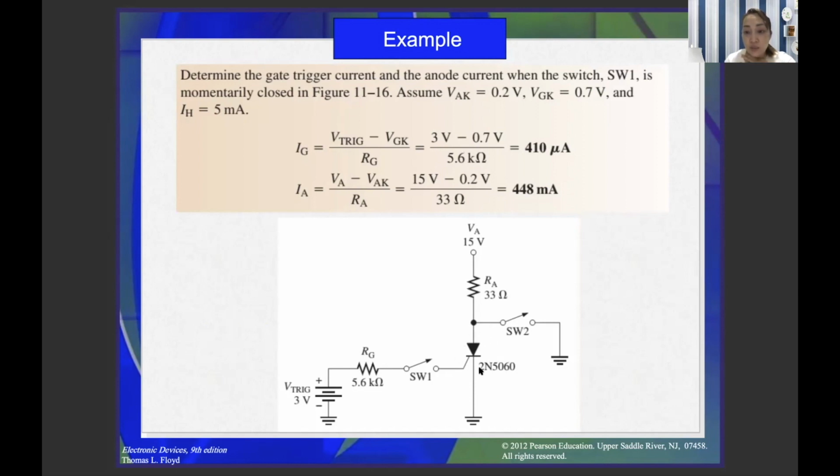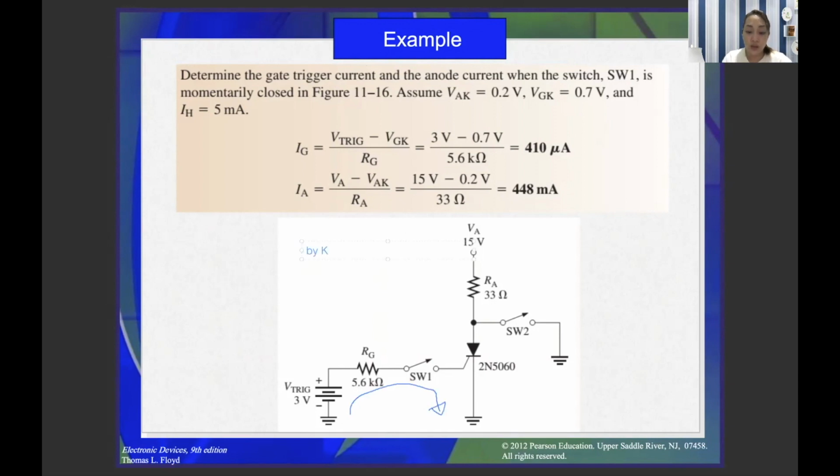VGK is this one, provided, usually 0.7, and when you say 0.7, that is silicon. So for gate triggering, you have to do KCL around the voltage triggered of 3 volts.